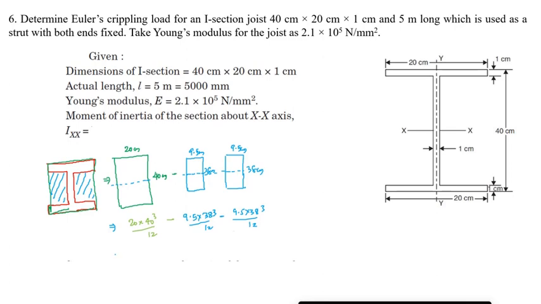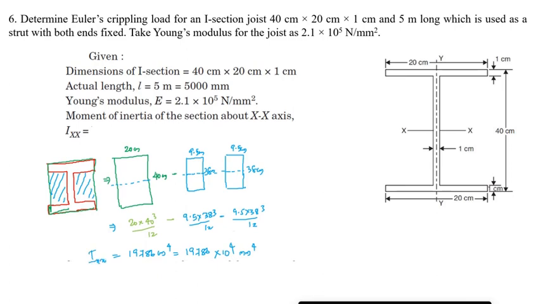So we'll get this value as 19786 centimeter raised to 4, or 19786 into 10 raised to 4 millimeter raised to 4. So this is the value for my Ixx.